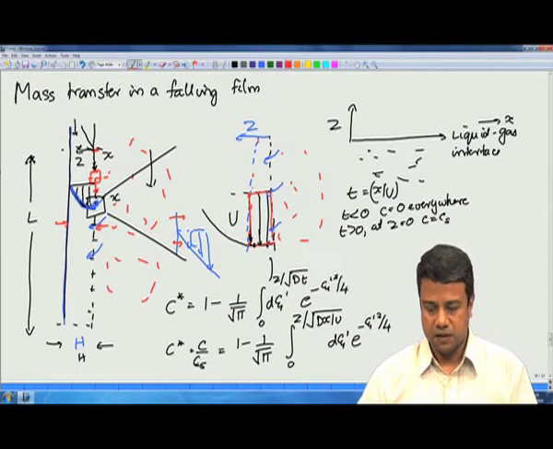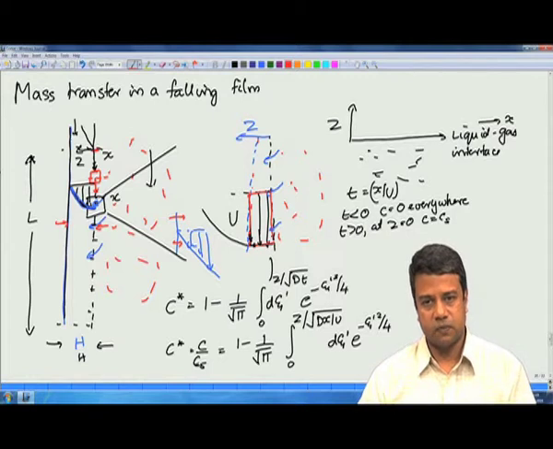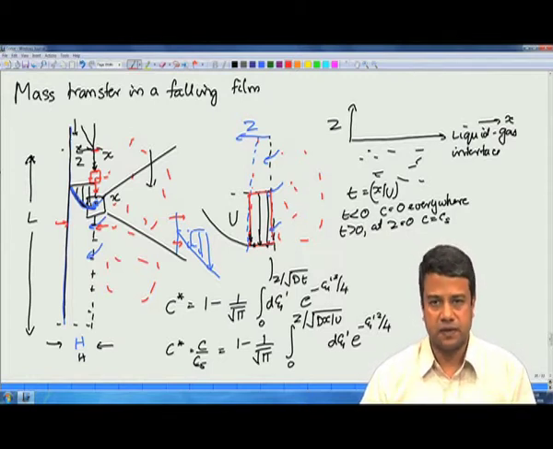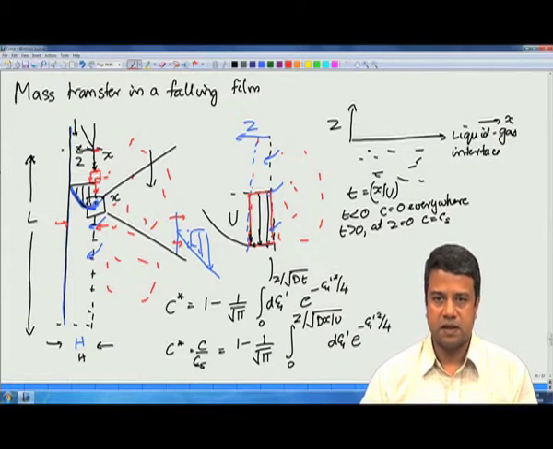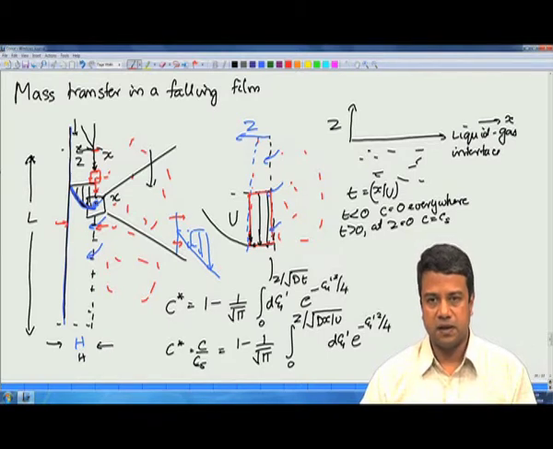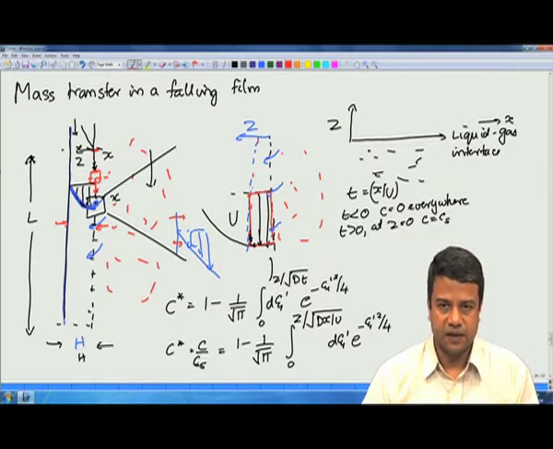And rather than solving it for a fluid moving past the reference frame at a constant velocity, I can sit in a reference frame moving with the fluid, and in that reference frame, as time progresses, it is analogous to diffusion from a surface into an infinite film.